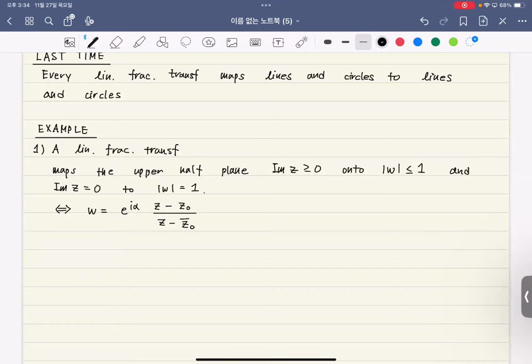So, therefore, every linear fractional transformation satisfying this property, you must be able to write it in this form. Oh, sorry, I forgot to mention this: alpha is a real number. This is what we sometimes call a Cayley transformation.